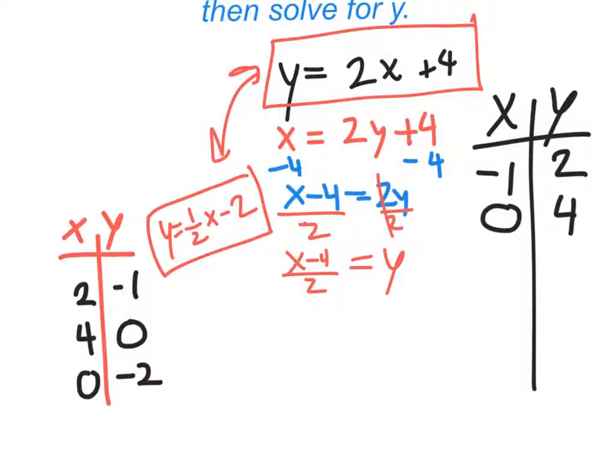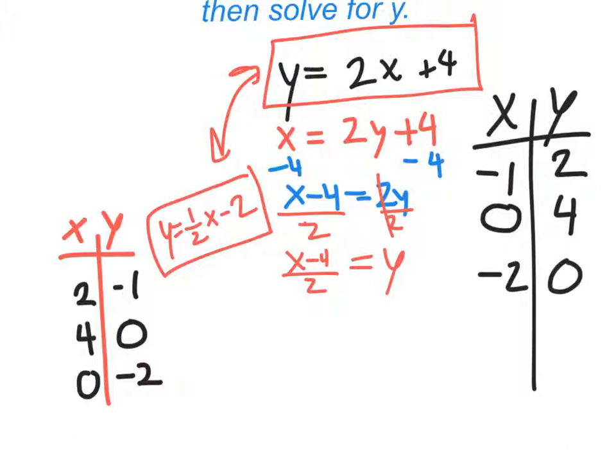So what do you think will happen if I plug in a -2 into this one? I'm going to get the output, which is the input of the other one. Crazy, right? Let me just show you. When I plug in a -2, 2 times -2 is -4, and -4 plus 4 is 0.